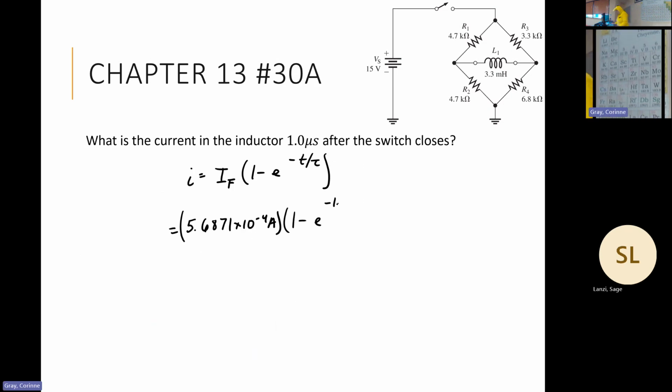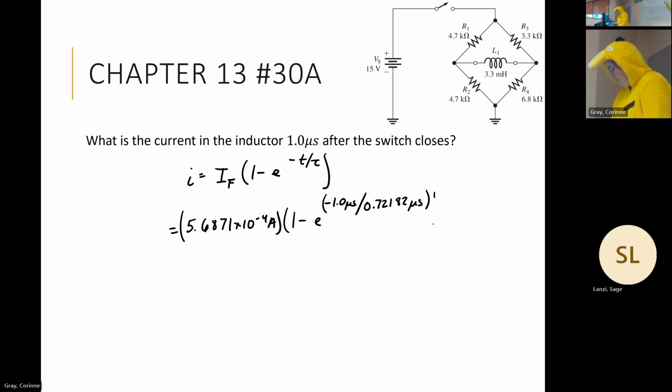So I personally like this version a little bit more. Oops, sorry, 721.2. I like this more because that way I don't have times 10 to the negative 6 and times 10 to the negative 7 in there. You're welcome to do it whatever way you want.